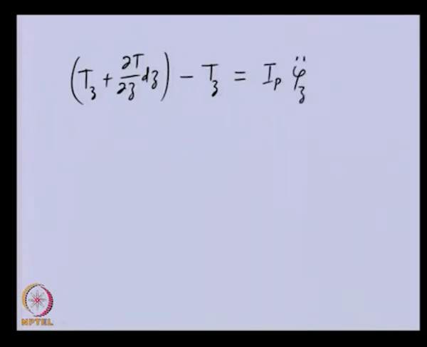Now, because from torsion theory we know that T by J is equal to G theta by L, we can get the torque as G J, and this theta is the twist of the shaft segment, which is this much for this particular case, and the length of the shaft segment is dz.